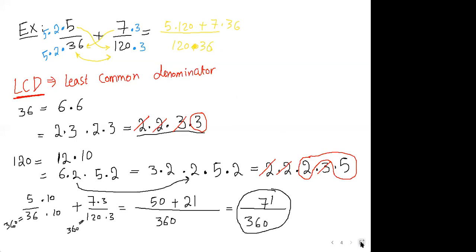Okay. So now I can do the sum of different fractions by the least common denominator. Now, let me give you an example. This is the review example, okay?